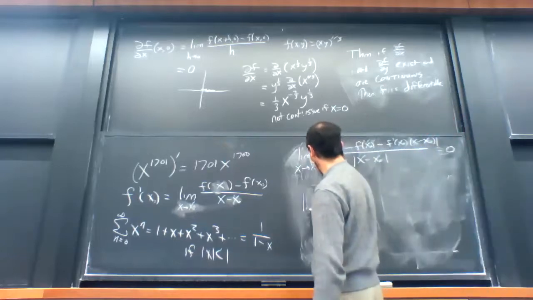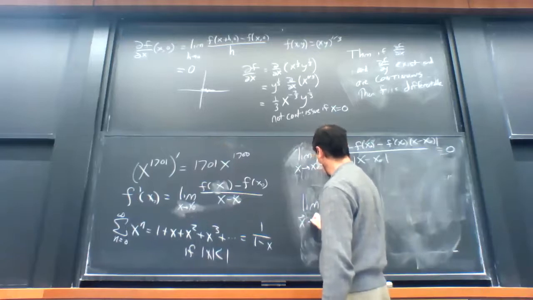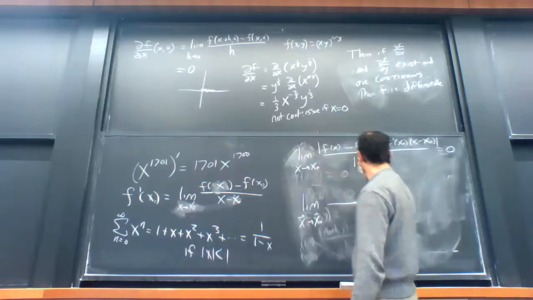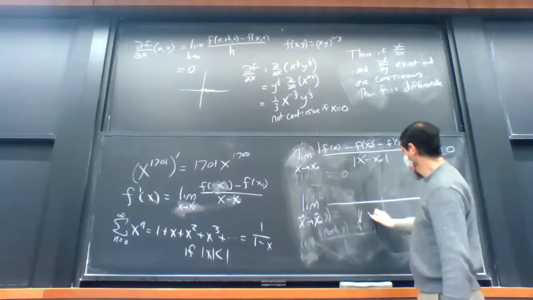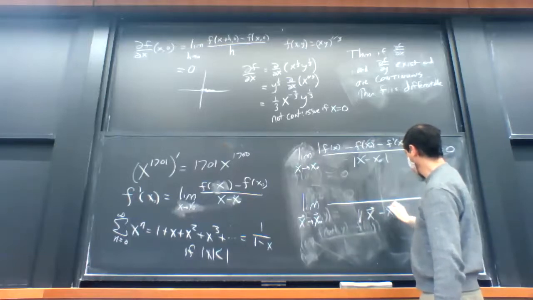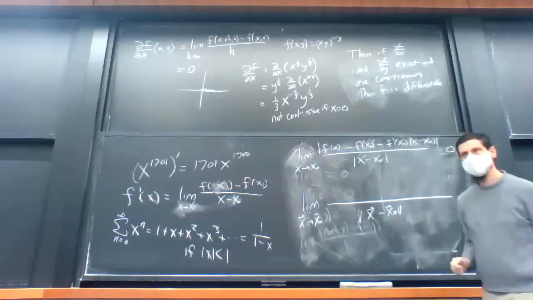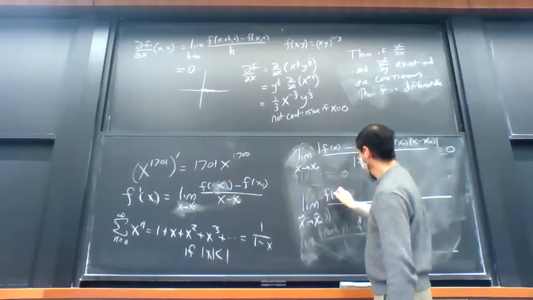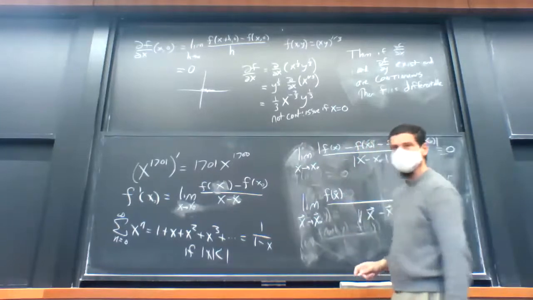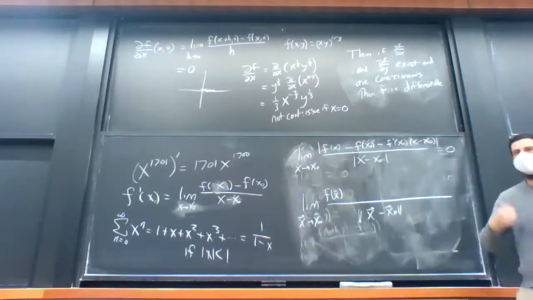So we could look at the limit as x goes to x naught, and then down below would be the length of x minus x naught. And then we would have f of x, think of that as maybe f of x, y, z, or f of x1, x2, x3, whatever.